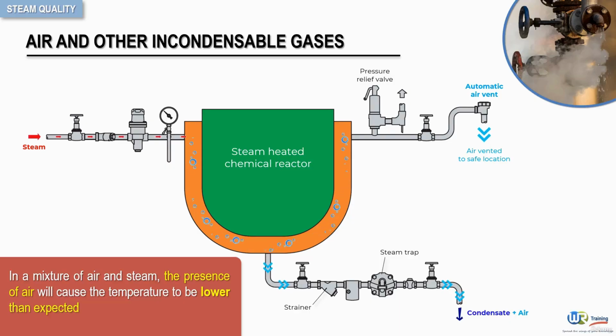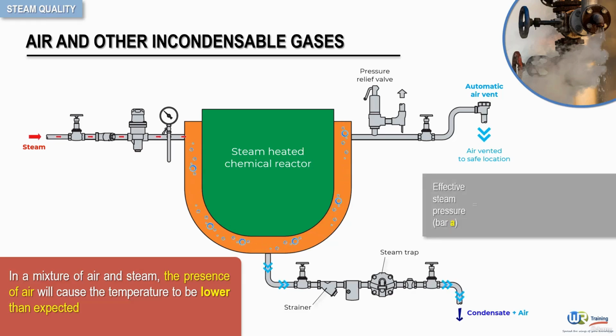For a mixture of air and steam at a given pressure, the effective steam pressure expressed in bar absolute equals the amount of steam as a proportion of the total mixture by volume times the indicated pressure expressed in bar absolute.